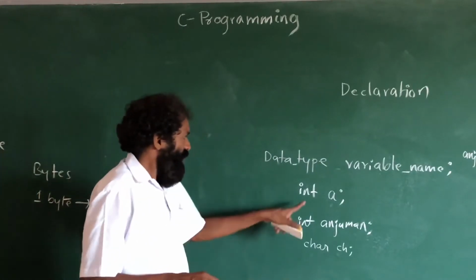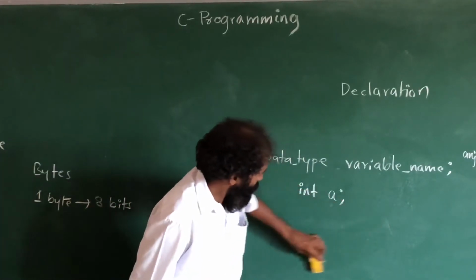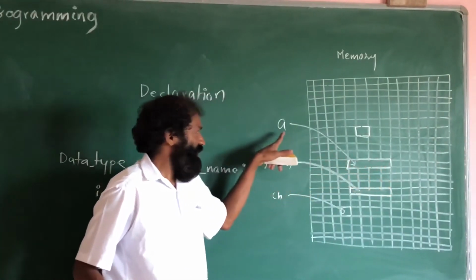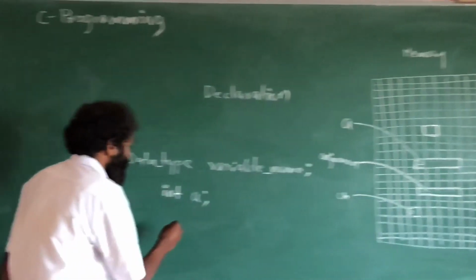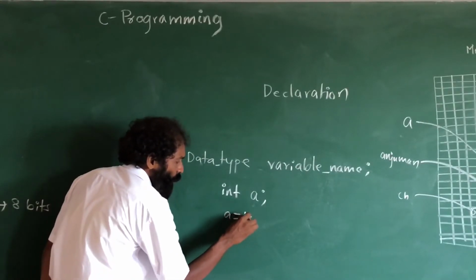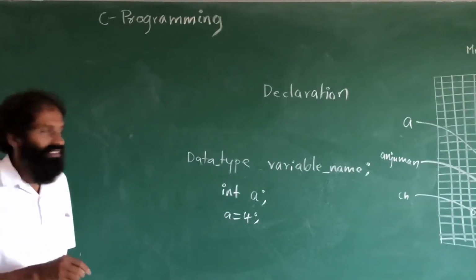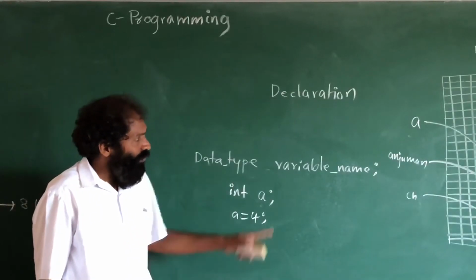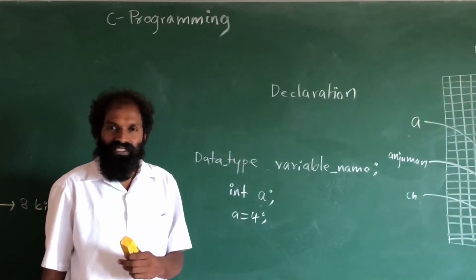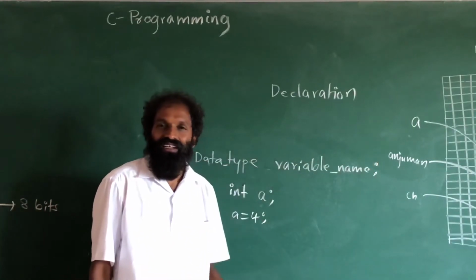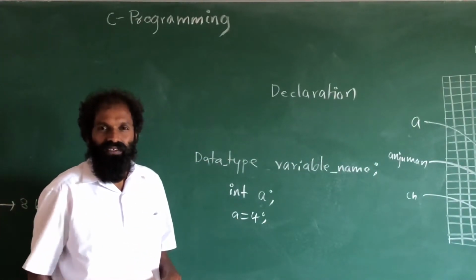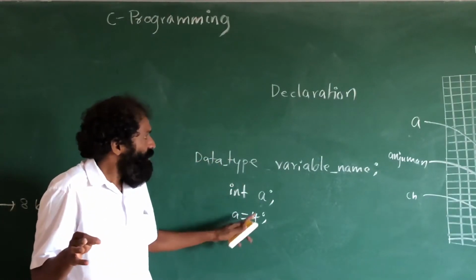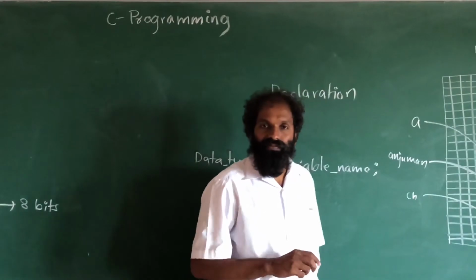Example, if this is the case, now this box, the 4 boxes, name is A. If we write A is equal to 4, it means this 4 will come here. Actually 4 will be converted into machine language, and that number will be stored there. That happens automatically. We don't need to think about that. We just think this 4 is stored here.